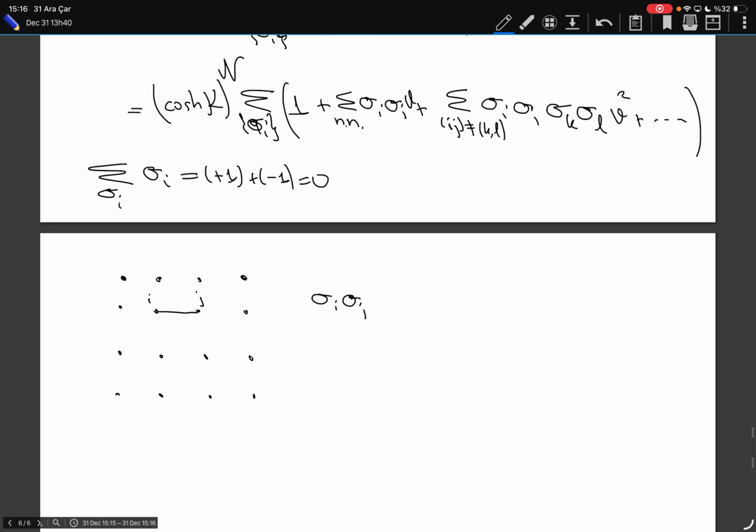Now, if I want a non-zero contribution, I should have two lines connecting to site j. So there should be another one from somewhere else. Remember, I have all these higher order terms, multiples of many, many terms. So if I have such a contribution, the sum over sigma j will not give me 0. But still, the sum over sigma i will give me 0, unless there is another sigma i coming from some other link. These are links. Well, let me consider this case.